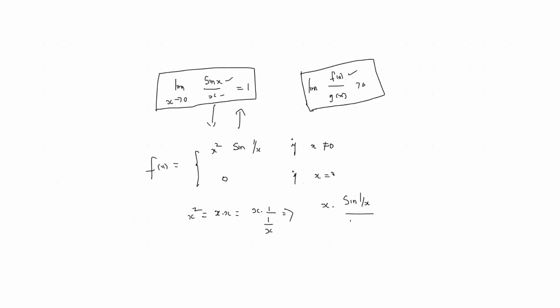So I have this format, sin x by x. Now if x goes to 0, this becomes 1 and this becomes 0. So 0 into 1 is 0. So the function value will be 0, so the limit exists. You always use this.